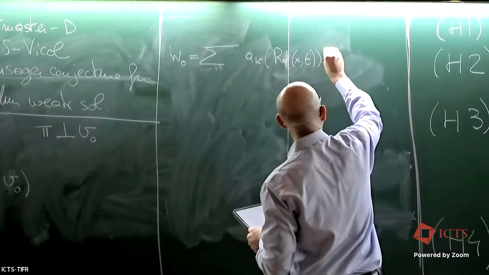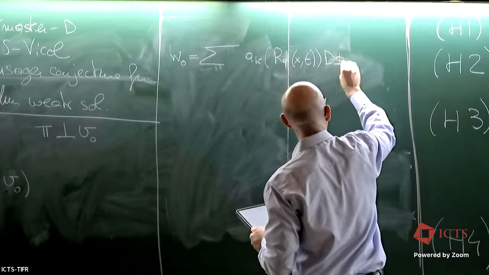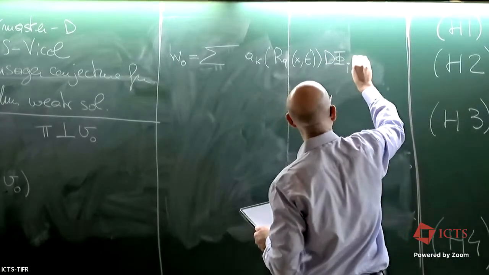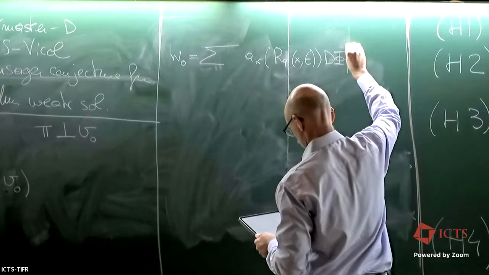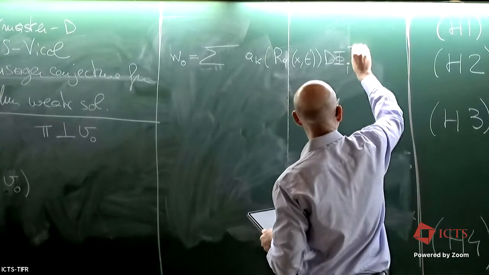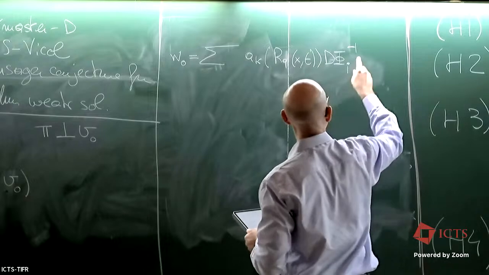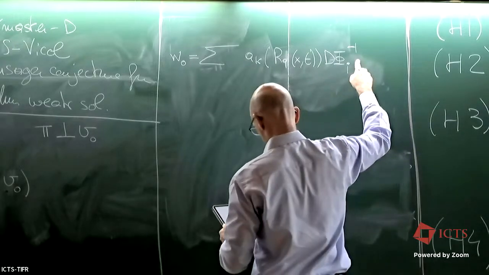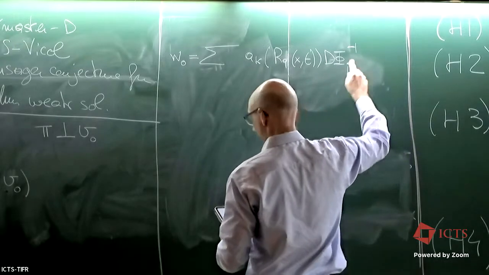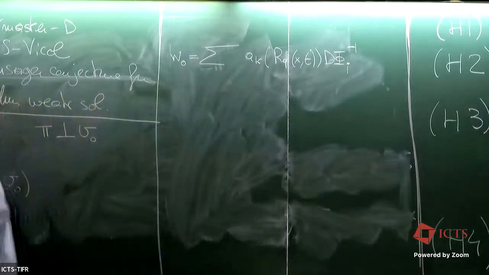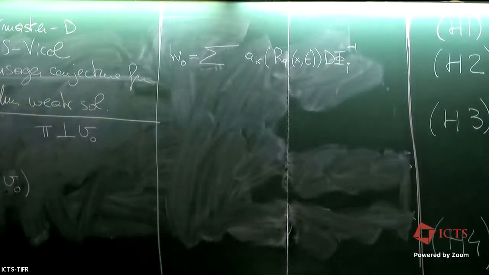And then you have dΦ_i to the -1. Okay, so these A_k are actually vectorial.